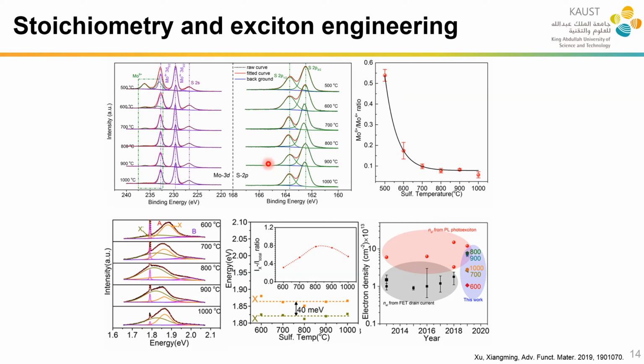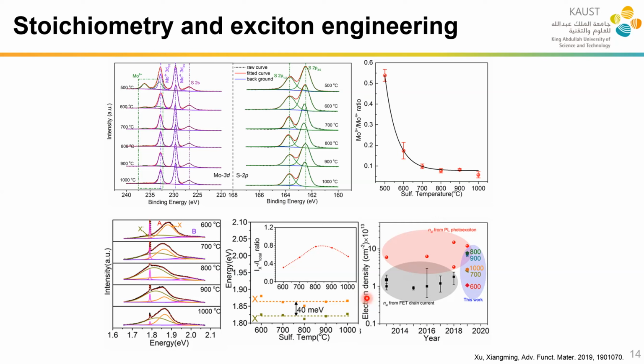If you vary any of the growth parameters, the uniformity will be destroyed. But here we don't have this kind of concern. We can use many different sulfurization temperatures from 500 to 1000, and the stoichiometry ratio can be well engineered so that the electron density can also be engineered.